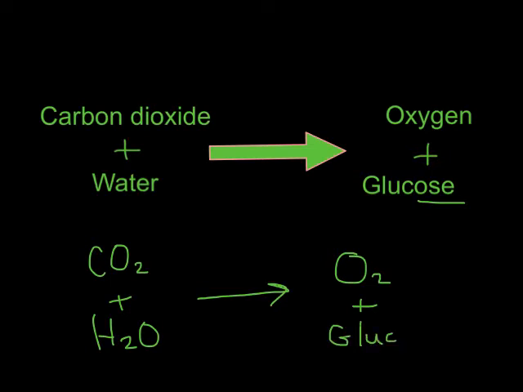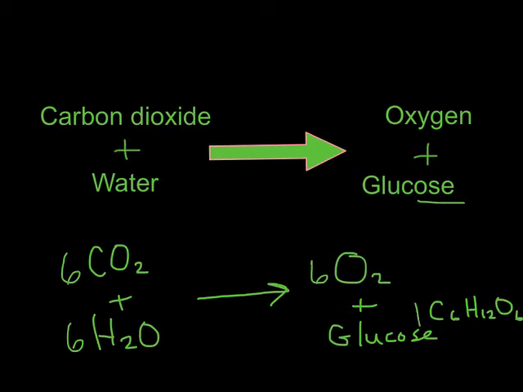It's pretty important that we get that carbohydrate. Glucose has a fancy chemical formula. Its fancy chemical formula is C6H12O6. That's glucose. If we balance out that formula, we'll see that you need 6 carbon dioxides and 6 waters in order to make 6 oxygens and one singular glucose molecule.